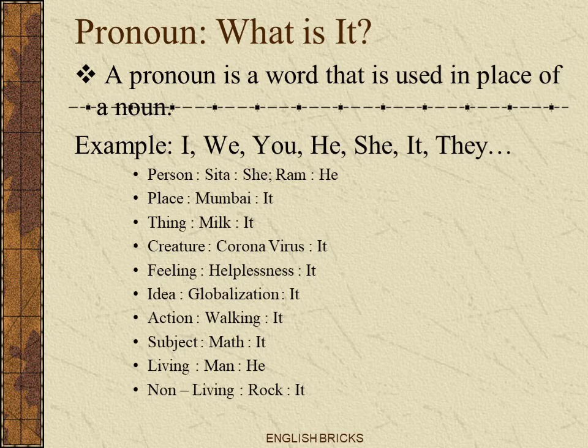So, for example, person, Sita, I substituted with she, Ram, he, place, Mumbai, it, thing, milk, it, creature, coronavirus, it, feeling, helplessness, it, idea, globalization, it, action, walking, it, subject, math, it, living, man, he, non-living, rock, it.